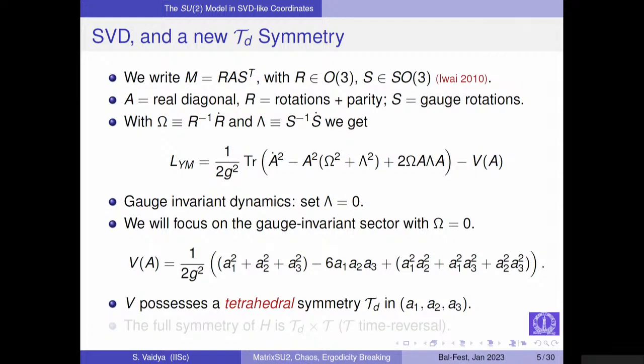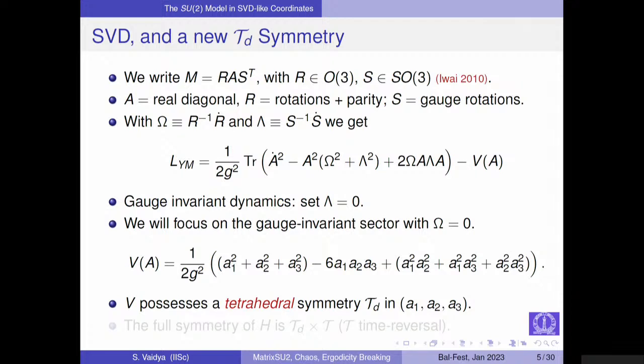For example, you can exchange any of the A's, and you can flip two signs, like A1 goes to minus A1, A2 goes to minus A2, for instance. So there is an action of S3, then there is this action of Z2 cross Z2, and it comes together very nicely as a group that is isomorphic to the tetrahedral group. So this potential has a tetrahedral symmetry in the variables A1, A2, A3.